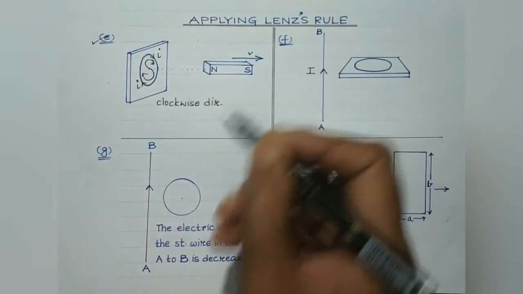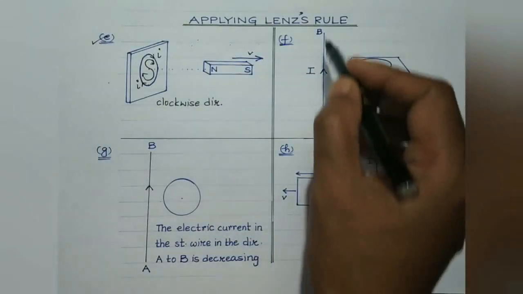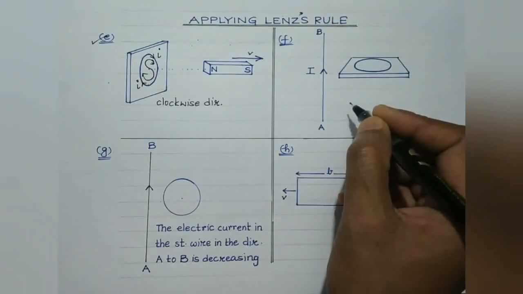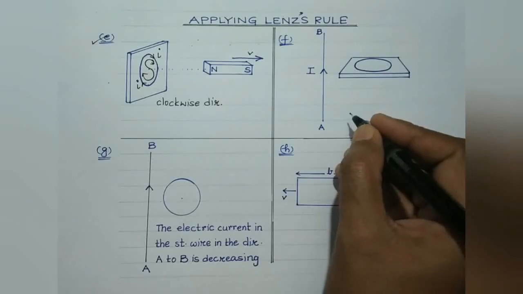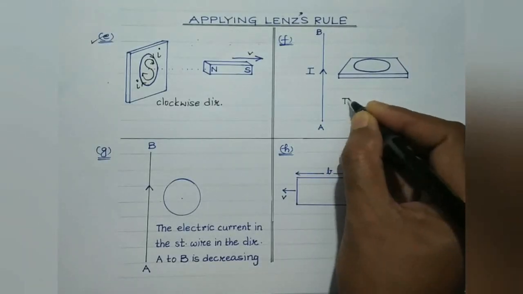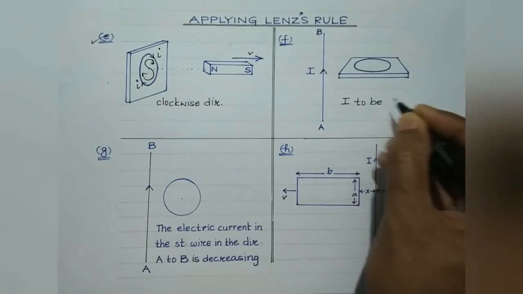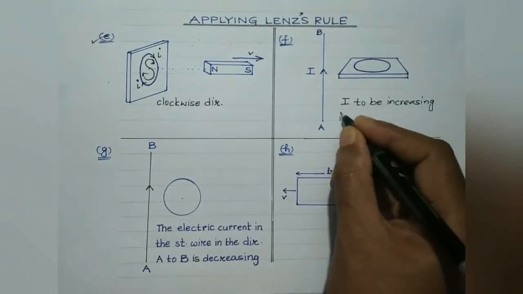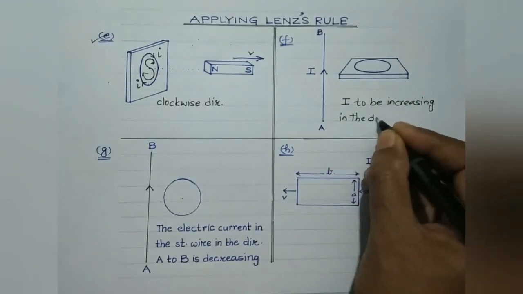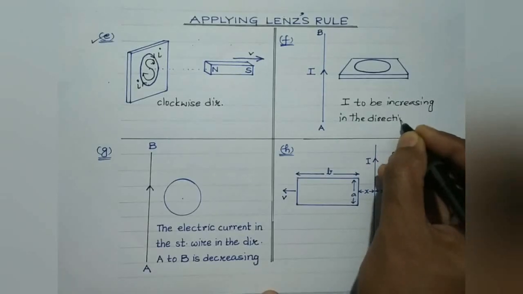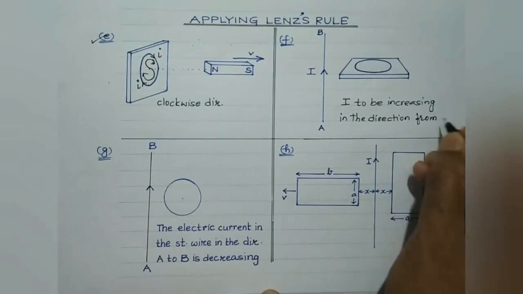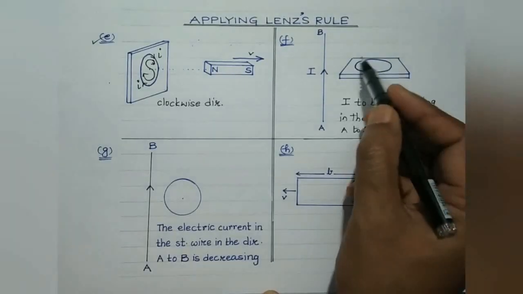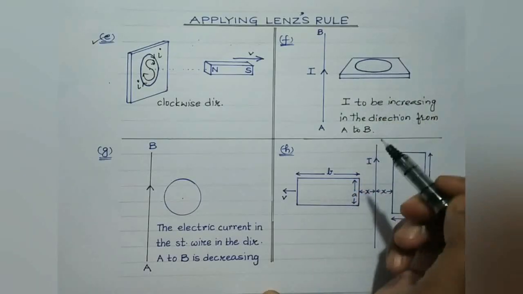So let's consider the next question then. Suppose, let us consider the current I to be increasing in the direction from A to B. Now we are supposed to find out the induced current produced in this coil, which is kept on a horizontal plane, right?